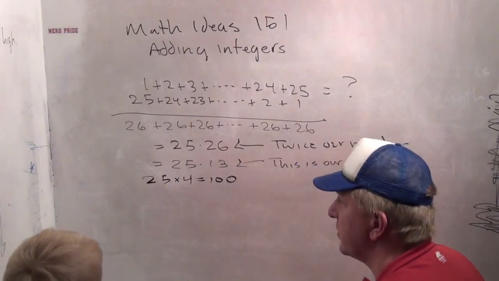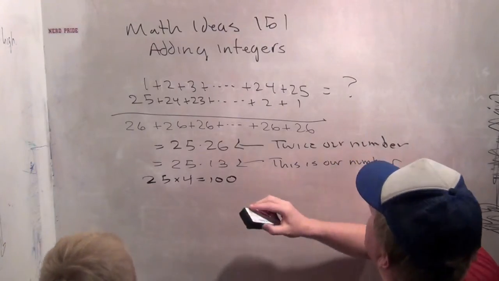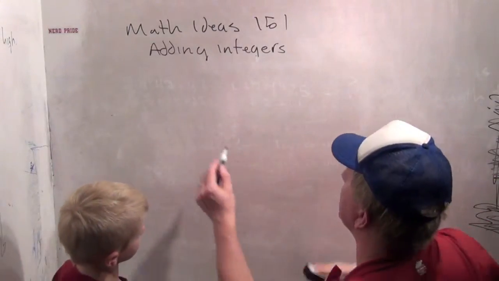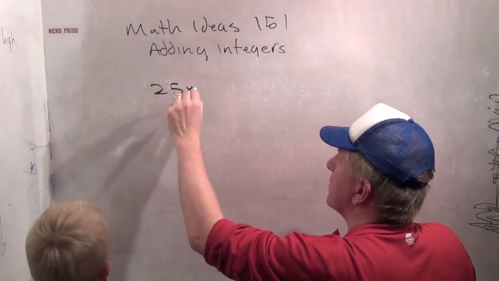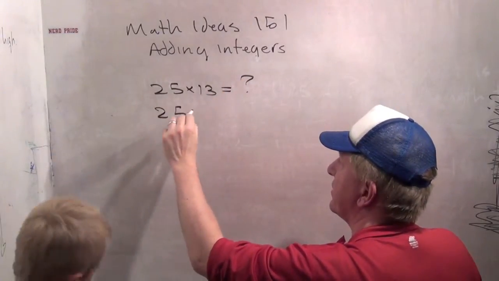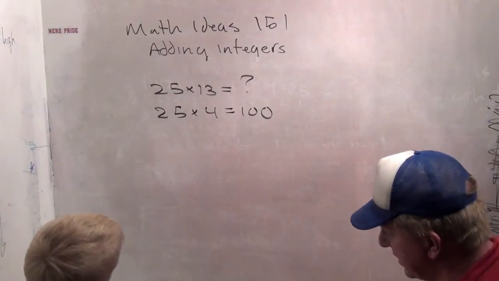That's nice to know. So what's 25 times 8? Actually, let me start at the top. We're trying to figure out what 25 times 13 is. But we know 25 times 4 is 100. So what do you think 25 times 8 is? 200.